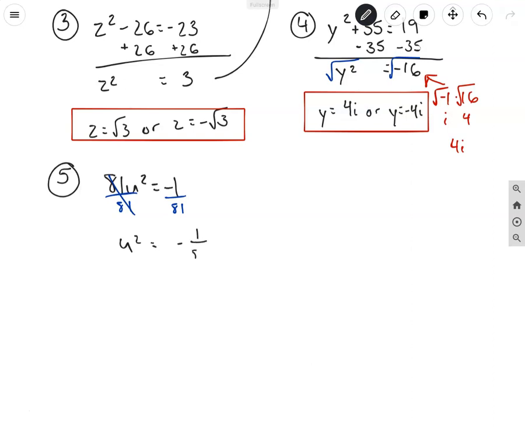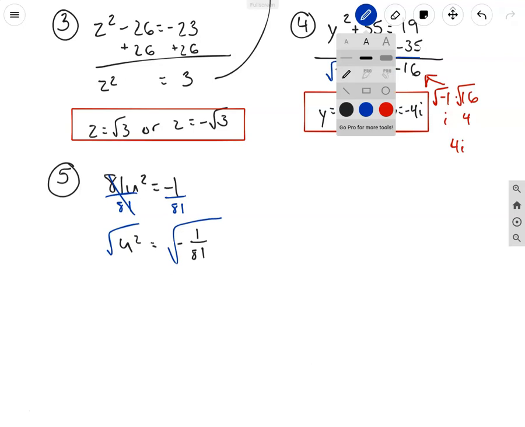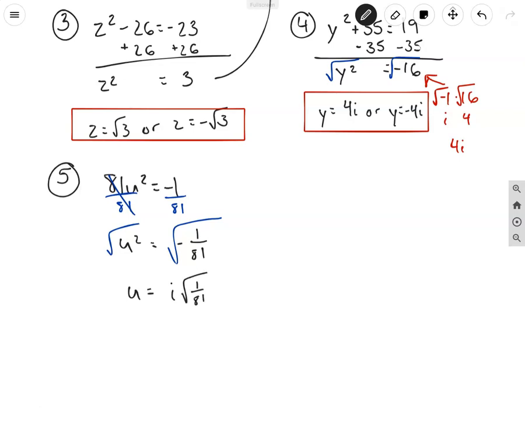The next step is to get u by itself, so I'm going to take the square root of both sides. When I do that, you're going to realize I have again a negative in the square root. So that is equivalent to saying square root of negative 1 times the square root of 1 over 81. Now remember that the square root of negative 1 is i, so I do i and whatever the square root of 1 over 81 is.